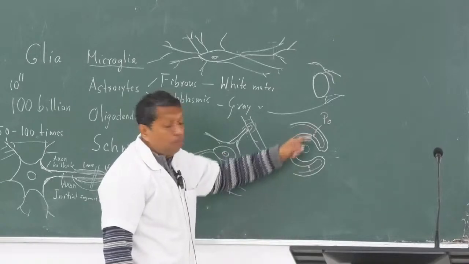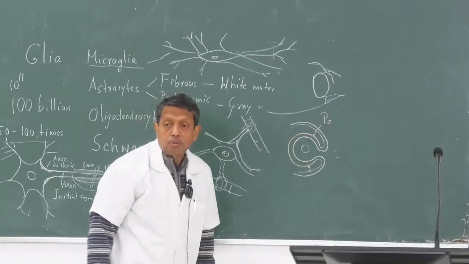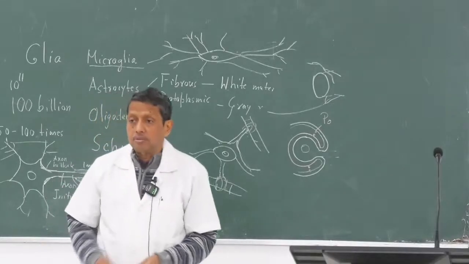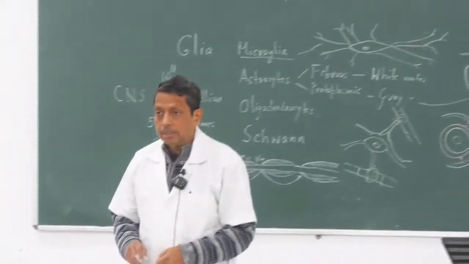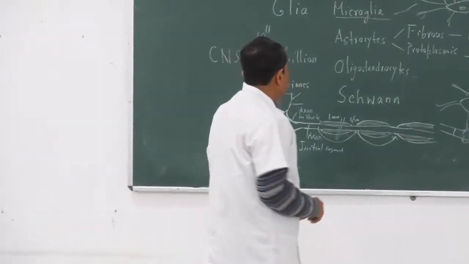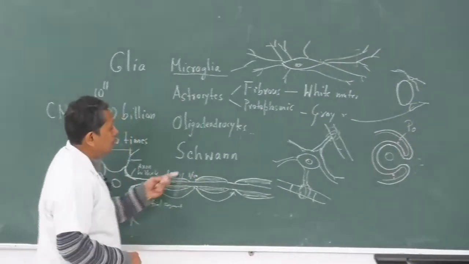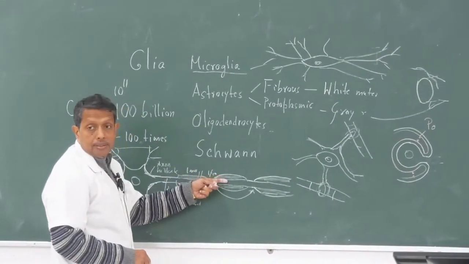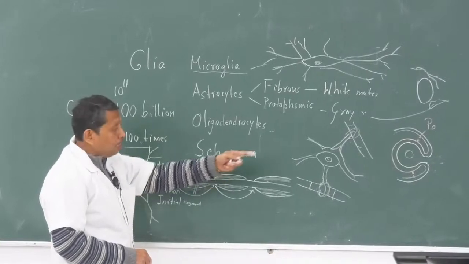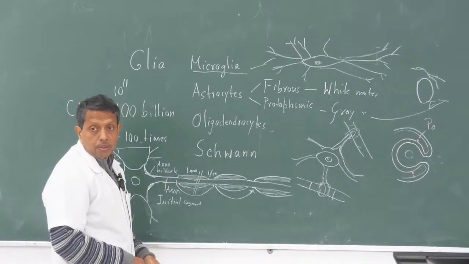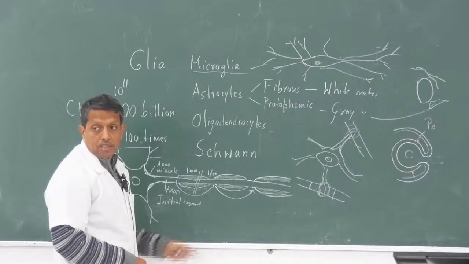Defects in the P0 protein is responsible for defects in the myelination. In case of Schwann cell, that is a single cell, the basic process is the same. Myelination is there.